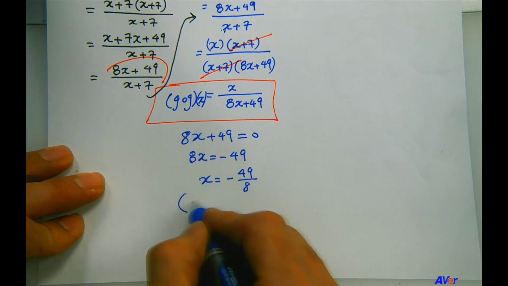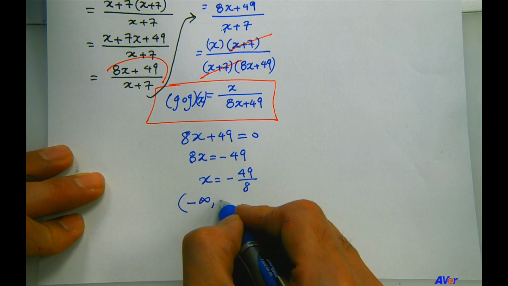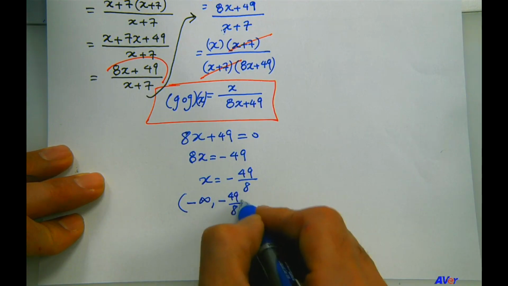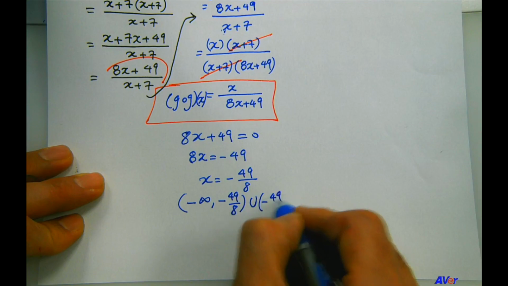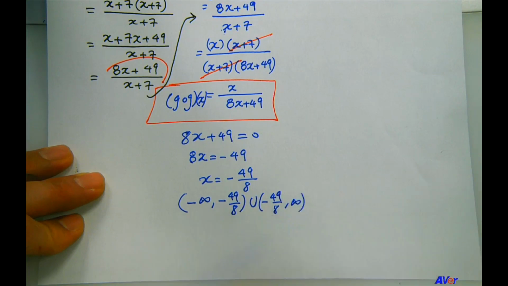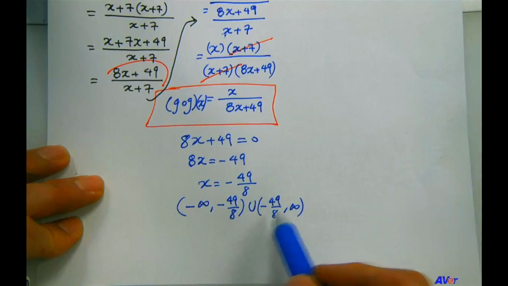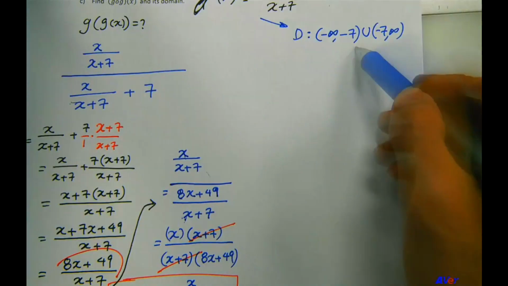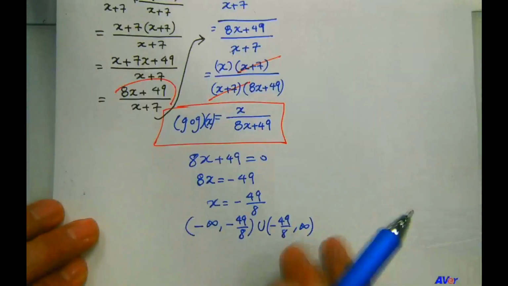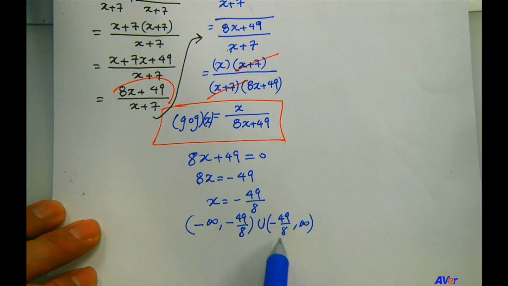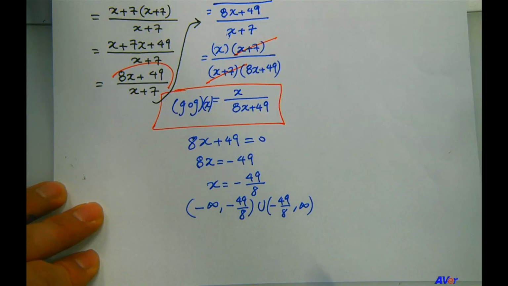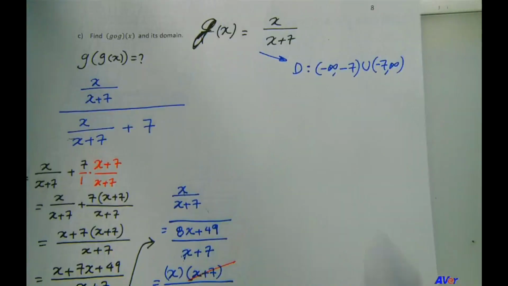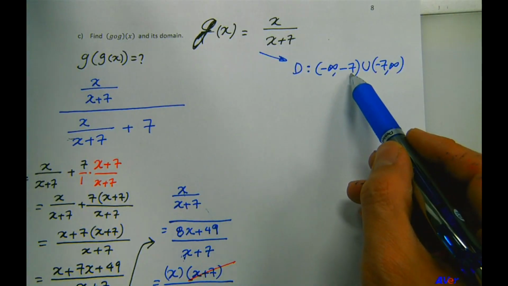So the result here is negative infinity to negative 49 over 8 union negative 49 over 8 to positive infinity. So we need to take the intersection of this and this, right? Negative 49 over 8 is minus 6 something. So minus 6 something is larger than negative 7.